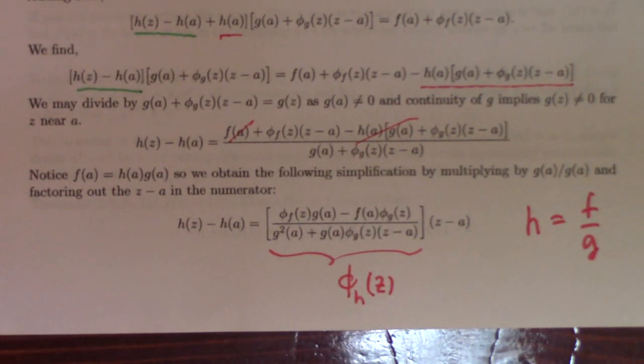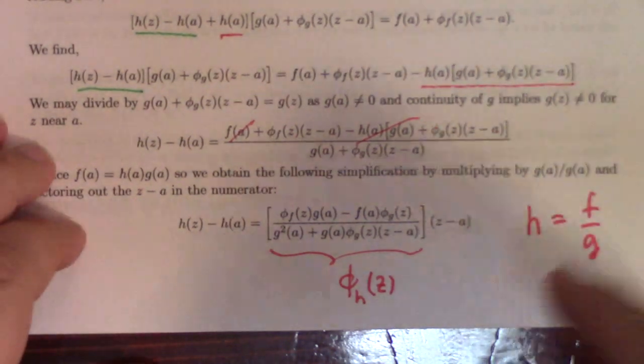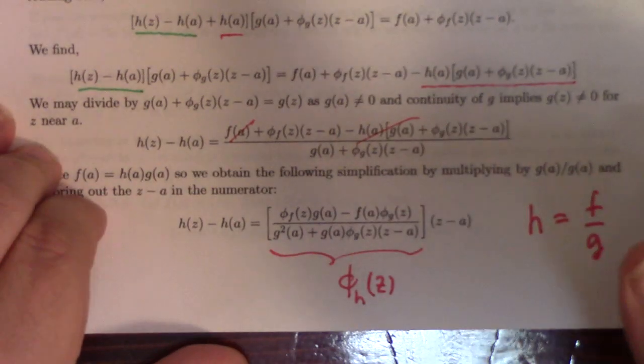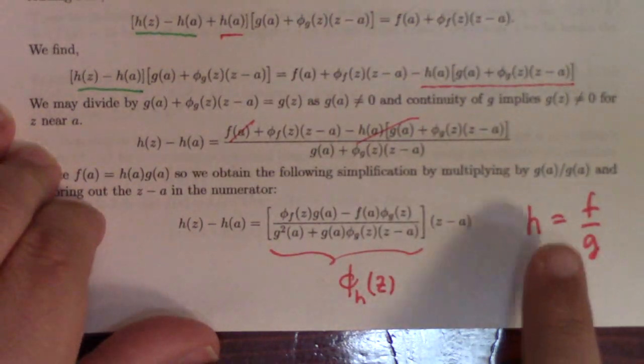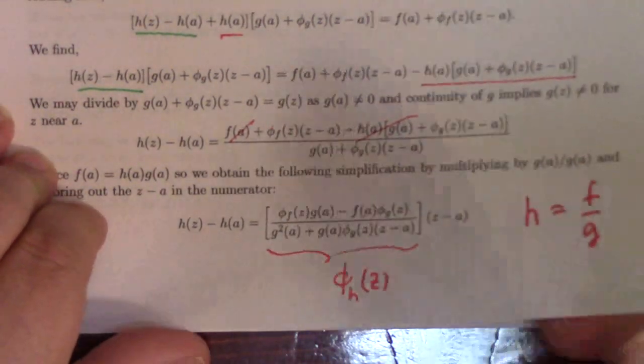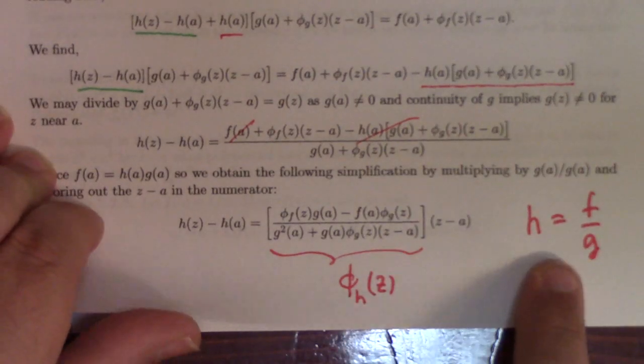The formula is fine at z equal to a. Therefore, this is a reasonable Carathéodory function, a difference quotient function for this quotient function.